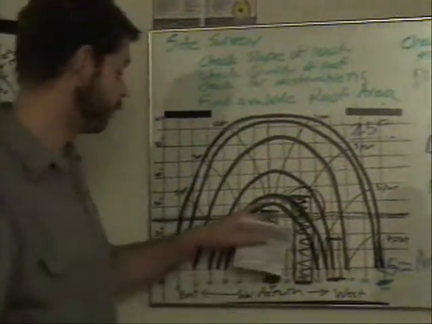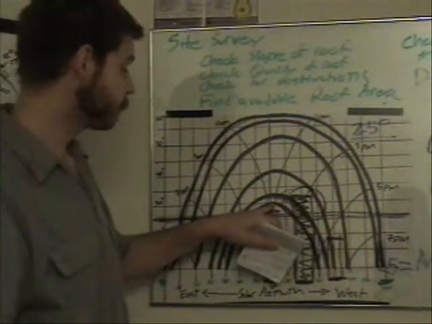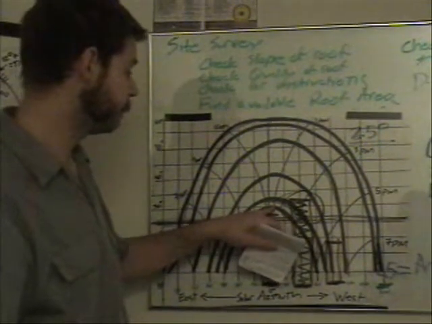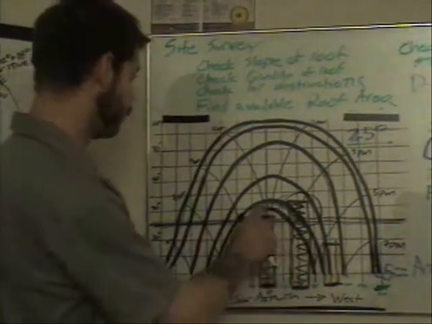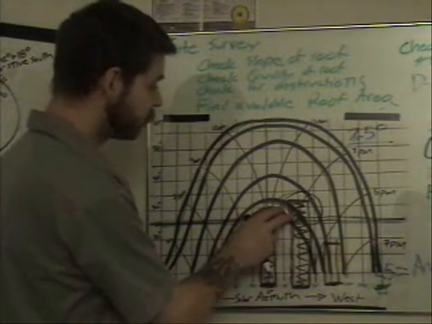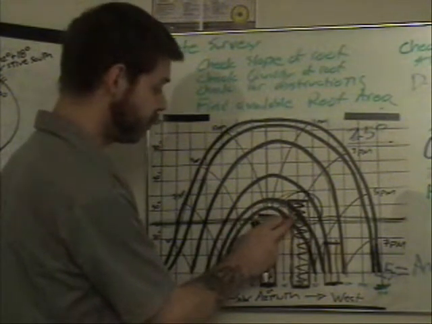It's going to cause shading in the months of December, January, February, and it's going to cause shading from approximately 2 p.m. solar time to 3 p.m. solar time.